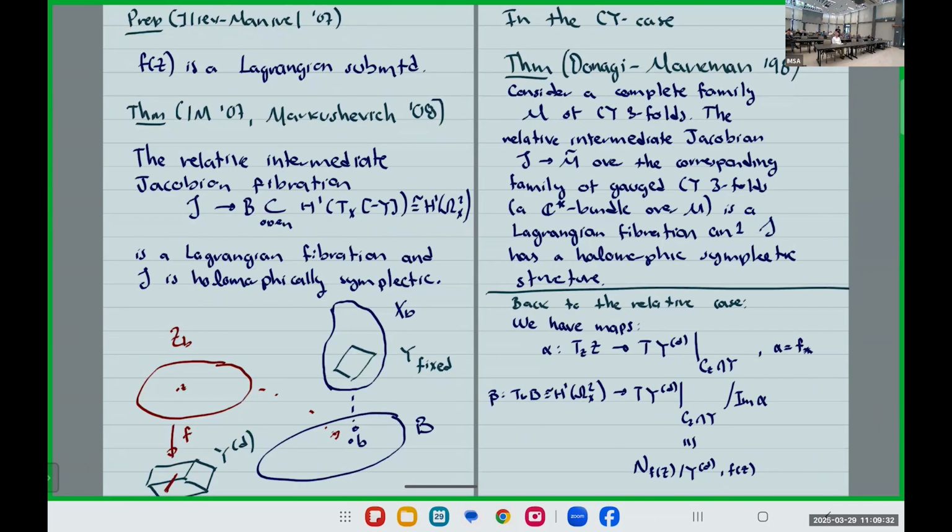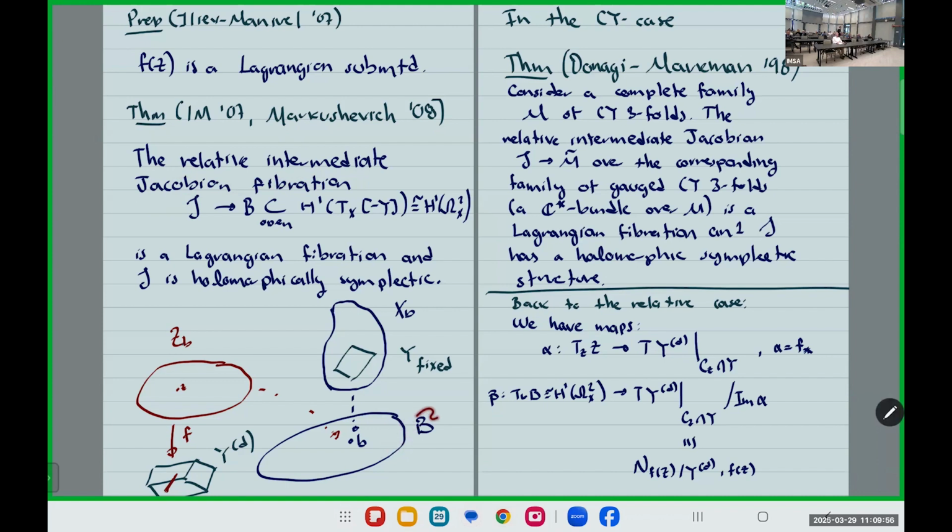And actually, there is a theorem due to Iliev and Manivel in the prime Fano threefold case, and Markushevich proved it in general, that the relative intermediate Jacobian fibration is a Lagrangian fibration, and that J is holomorphically symplectic. So let me explain this result.